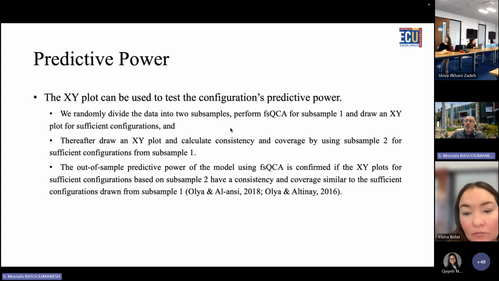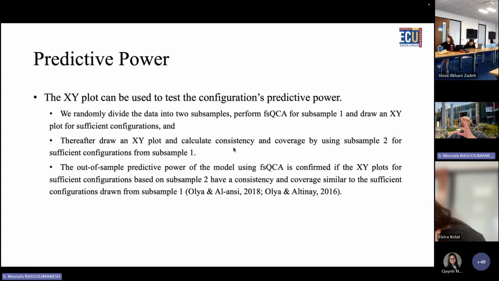If based on subsample 2, the consistency and coverage of those 4 configurations from the first phase are still higher than the threshold, it means these 4 configurations are sufficient to generate the outcome. This shows the predictive power of our model, and shows that these configurations actually have high predictive power and can predict the outcome also in future studies, right?